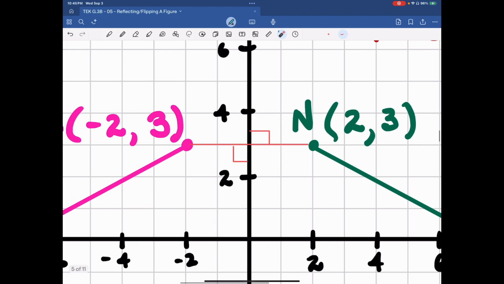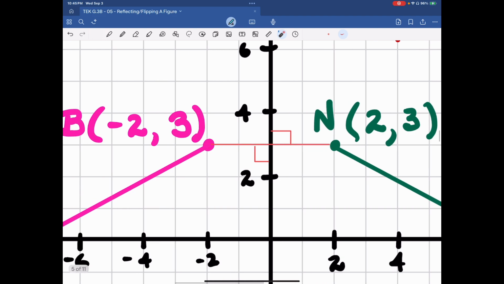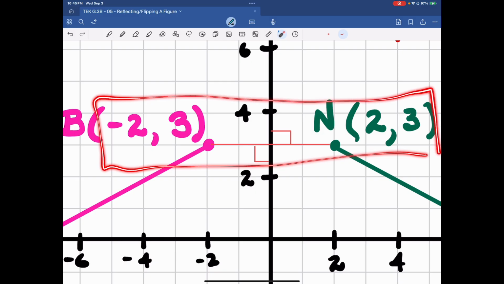Now look what happens to the coordinates. Here we have a negative 2, positive 3. Here, right here, we go over 2 and up 3. This is a positive 2 and a positive 3. Notice the differences between these two coordinates. Can you see it? Sure you can.